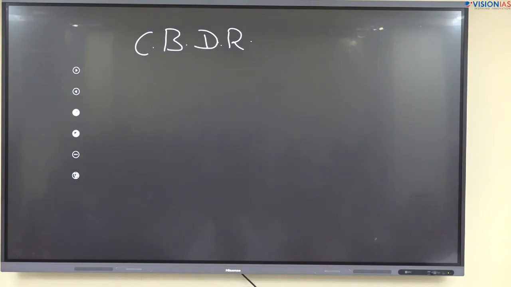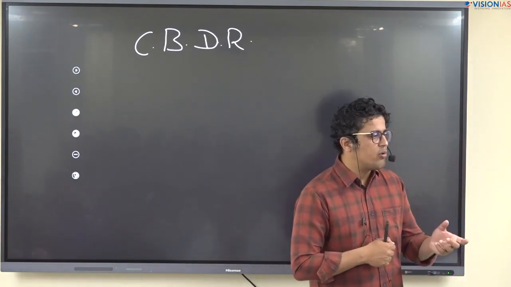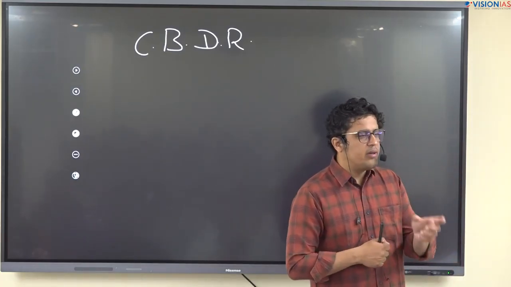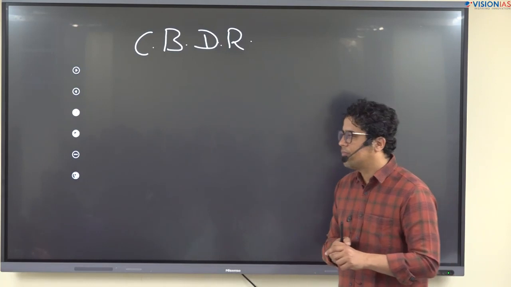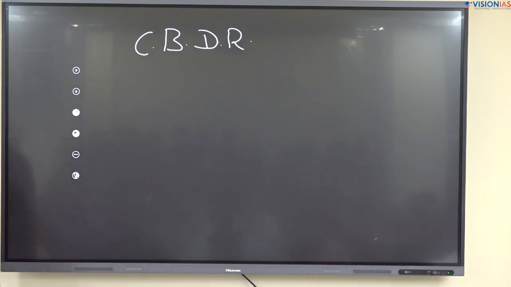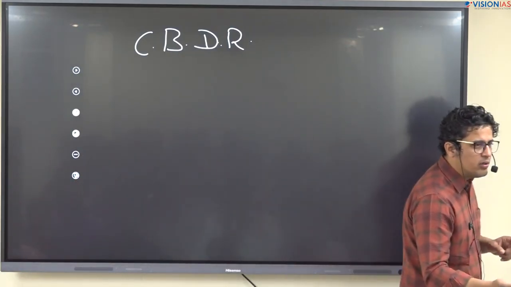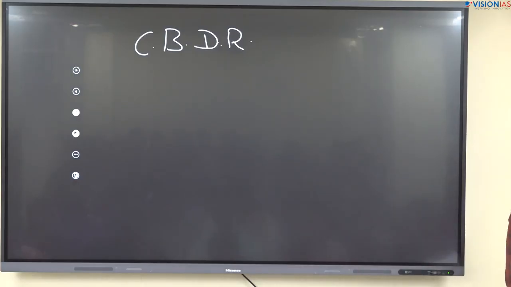GEF was established by the World Bank, UNDP, United Nations Development Program, and UNEP, United Nations Environment Program. In which year was it established? So if you compare both of them, which one is older? GEF is older. Okay.